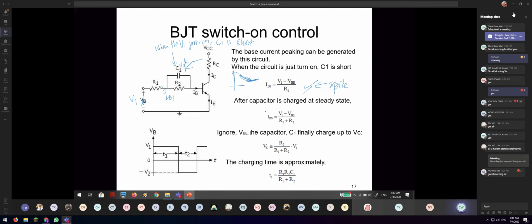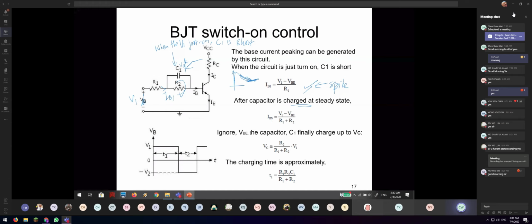After the capacitor charges up, R2 will take over the function, so that your IBS, the saturation current, means it achieves stable.